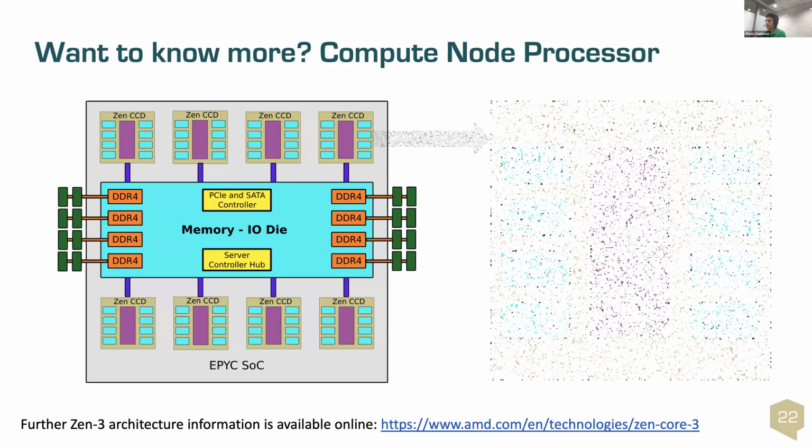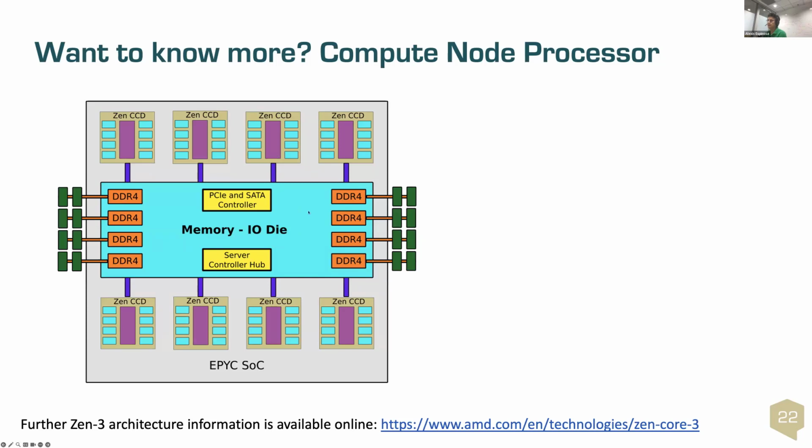So this is a schematic of one of the chips in the compute and the CPU nodes. Basically, there is this memory, to which all, so the chip is divided in 8 chiplets. So 1, 2, 3, 4, and each of the chiplets has 8 cores.